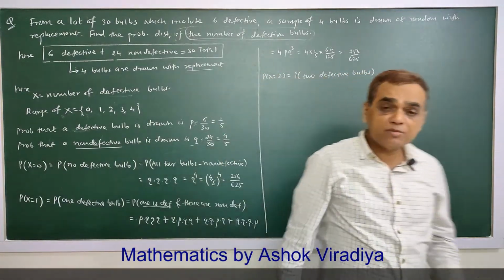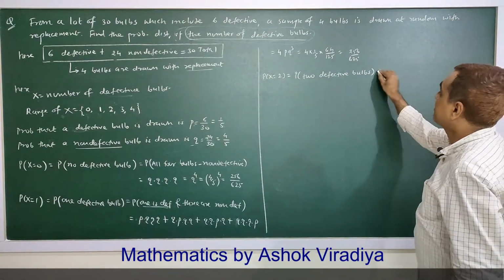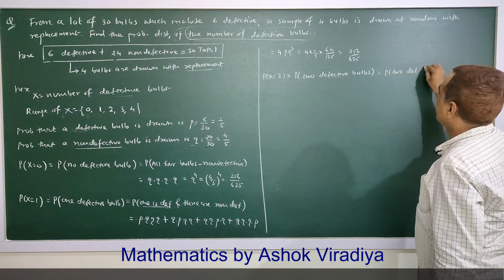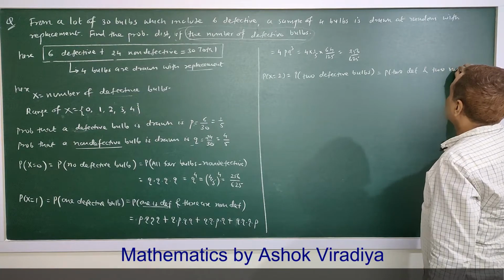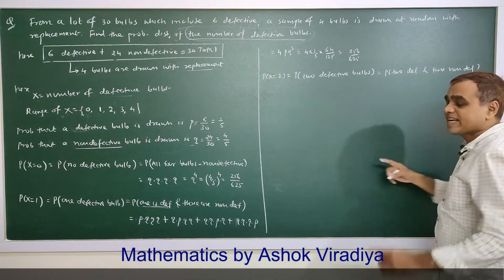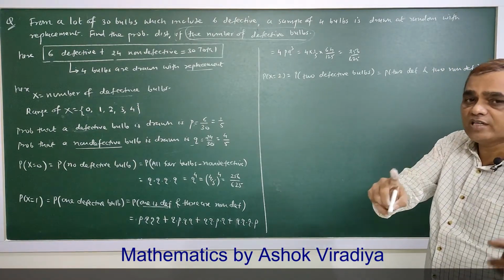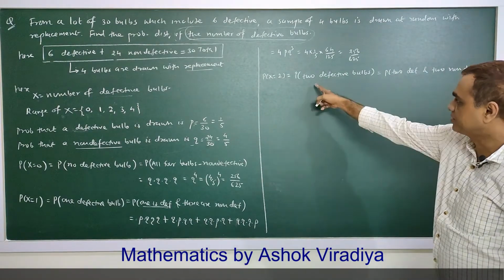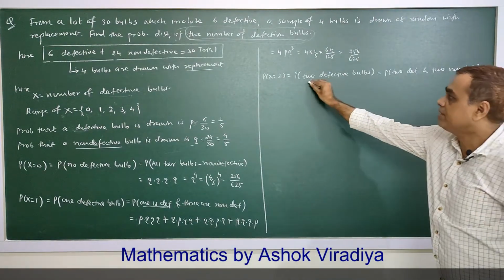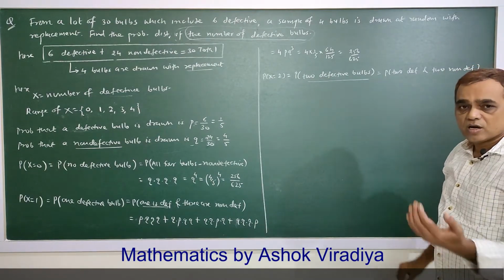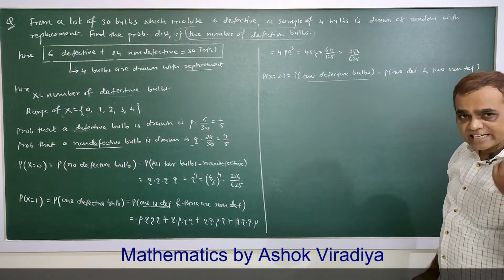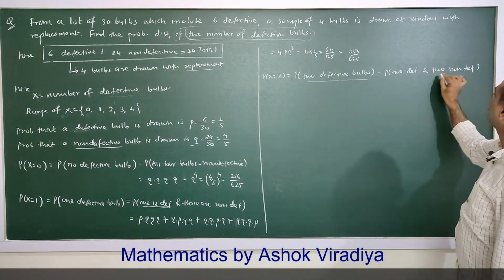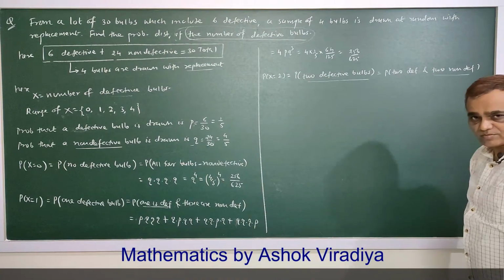Two defective bulbs, that means 2 non-defective bulbs, because every time we have to select 4 bulbs, not only 2 bulbs. This means 4 bulbs include 2 defective. That means the remaining 2 are non-defective.